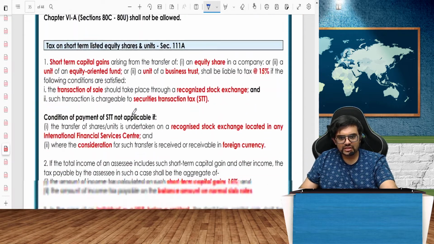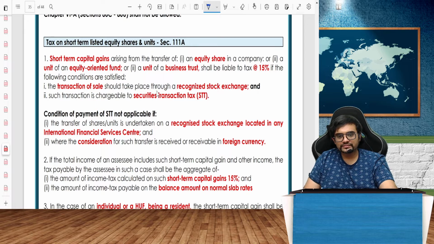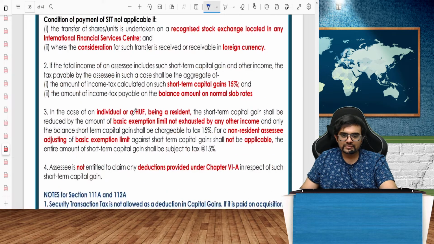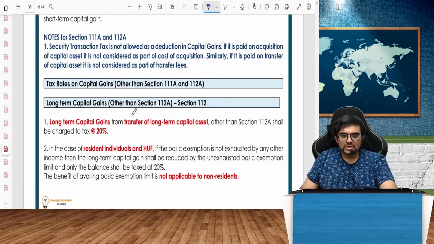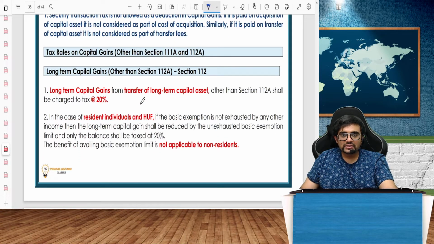Next, let's see short-term 111A. Short-term capital gain arising from equity share, unit of business trust, whatever it is, where STT is paid, 15%. 15%, very simple. But long-term capital gain other than 112A, other than that equity shares, etc., is taxed at 20%.